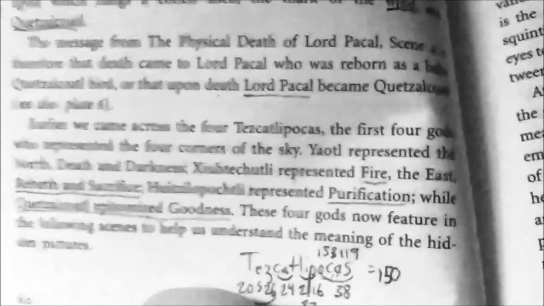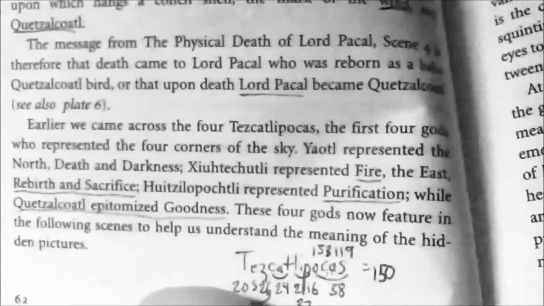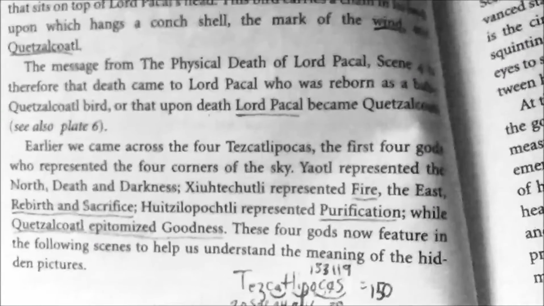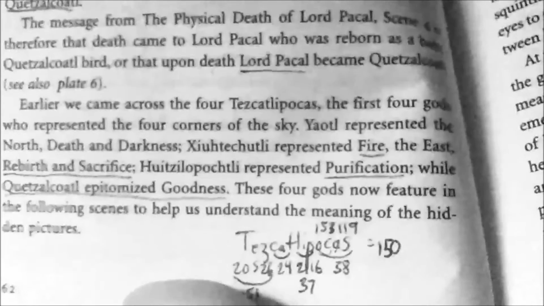I'll show you here, they have the first 4 gods who represent the 4 corners of the sky. Quetzalcoatl represents the north, death and darkness. This other one that I don't think I'm going to try to pronounce represented fire. The east, rebirth and sacrifice. Another one represented purification, while Quetzalcoatl epitomized goodness. These 4 gods now feature in the following scenes to help us understand the meaning of the hidden pictures.